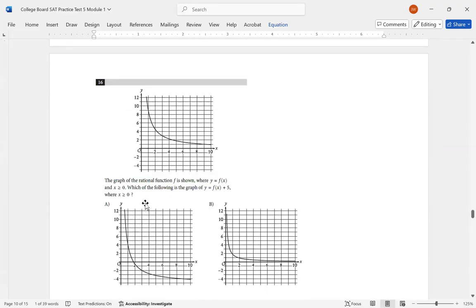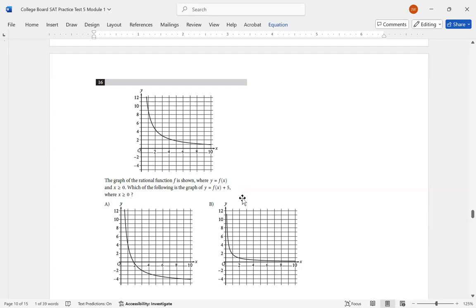Problem 16 says the graph of the rational function f is shown where y equals f of x, and x is greater than or equal to 0. Which of the following is the graph of y equals f of x plus 5, where x is greater than or equal to 0?